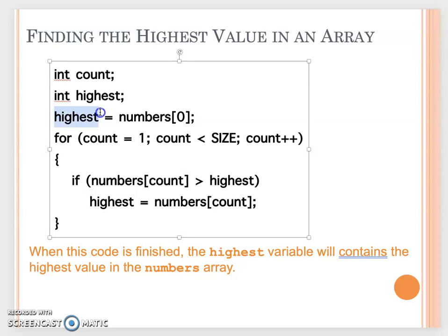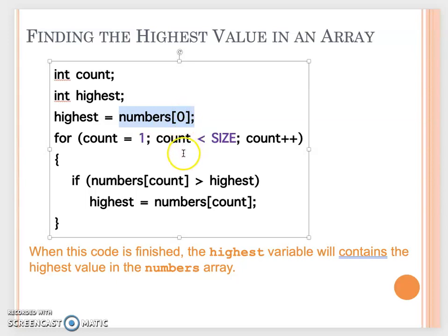This variable is assigned the first element, the index equal to 0, to the highest. Then the for loop will be a little different. The for loop will start from 1, less than the size. The reason is we just assume the highest, the greatest value, is at index 0.